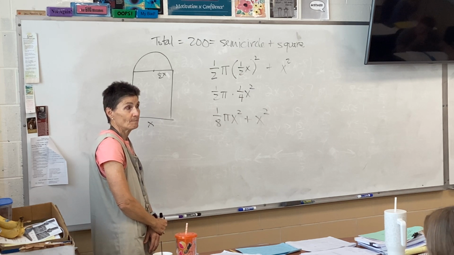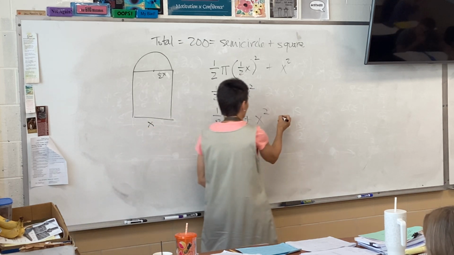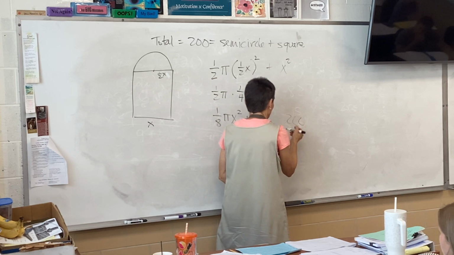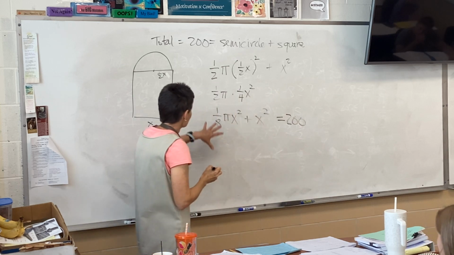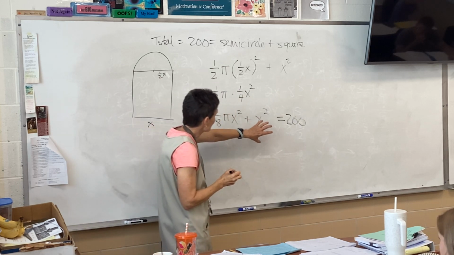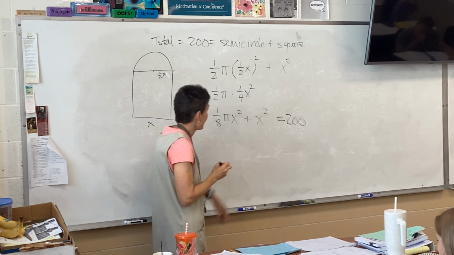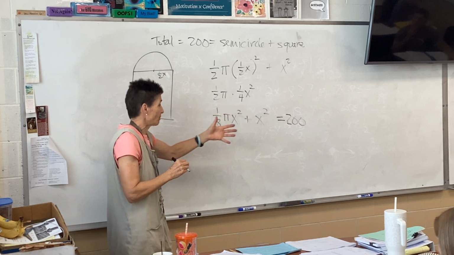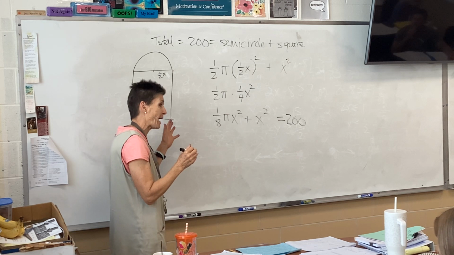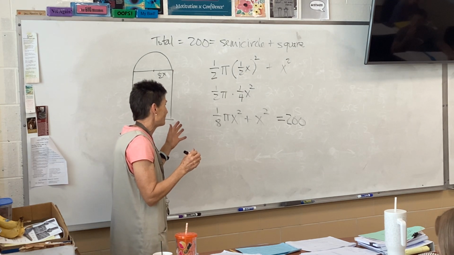Everybody okay with that? And that has to equal 200 because that's the total, that's the semicircle and the square, has to add up to that. Now, some of you just stop there because, I don't know, some people were trying to factor and stuff.